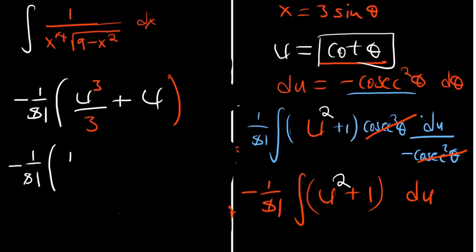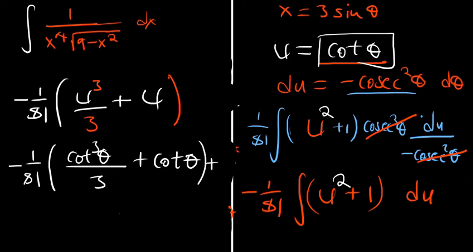Well, let me just write it the way it is. For our u, we have cotangent, over 3, plus our u, which is also cotangent of theta, and then plus a constant c.